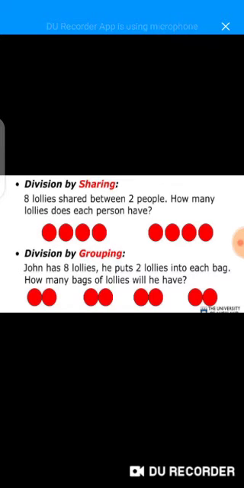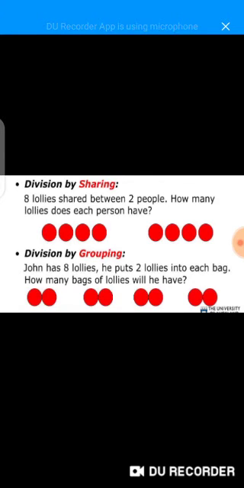Now, we want to see what each person gets, and that will be our answer. 1, 2, 3, 4. The first person gets 4 lollies, while the second person gets 1, 2, 3, 4. The second person gets 4 lollies, and that is our answer.